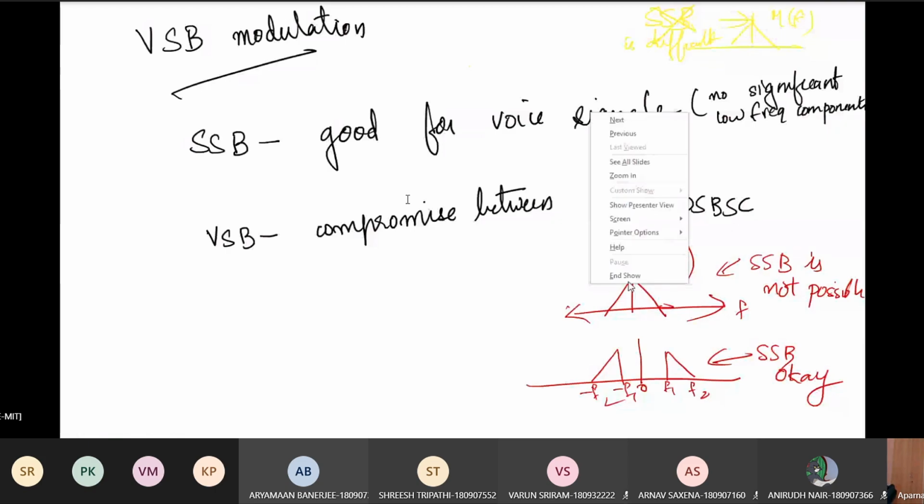SSB is not possible, but I need to send it, right? It is a signal. I need to send it. How is it possible? I need to conserve the bandwidth also.